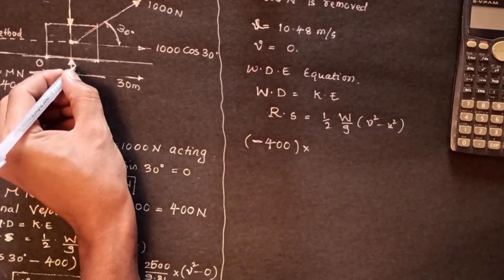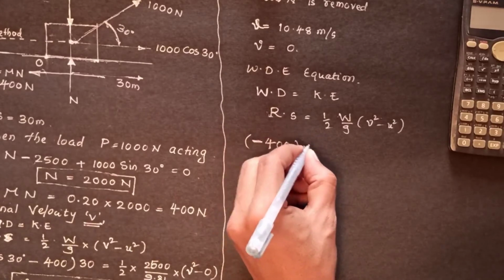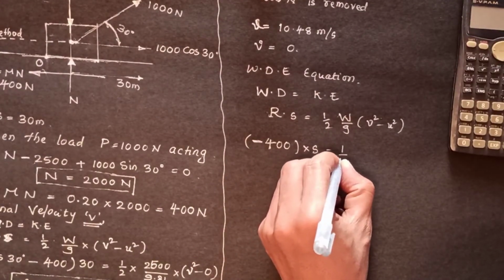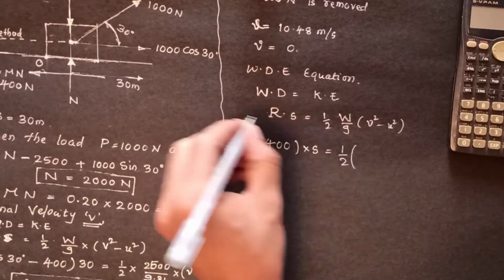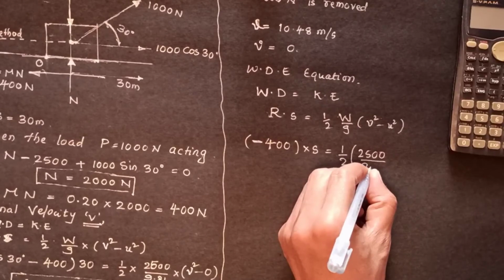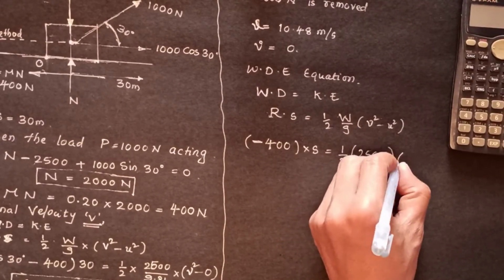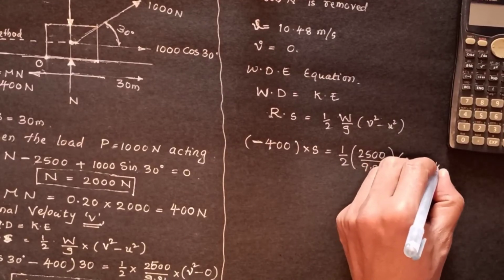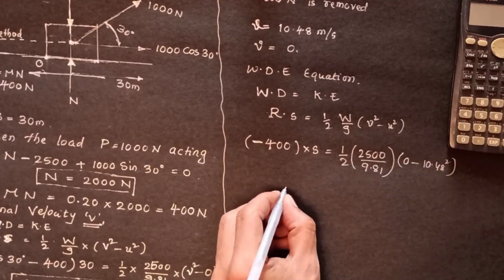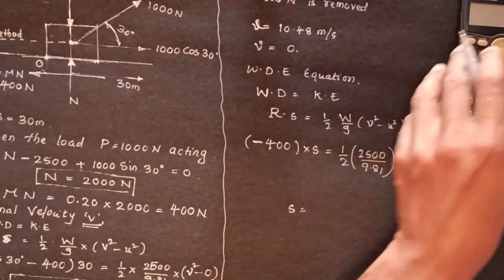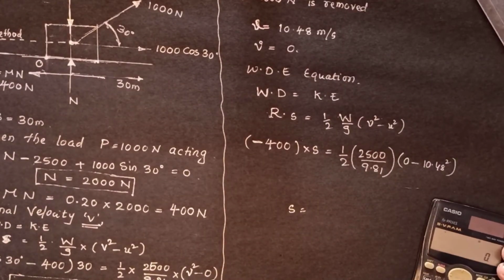What will be the distance? S, you need to calculate. Half into W, again 2500 divided by 9.81, into v square, which is 0, minus u, 10.48 square. From this equation you will get S. Let me check the value.